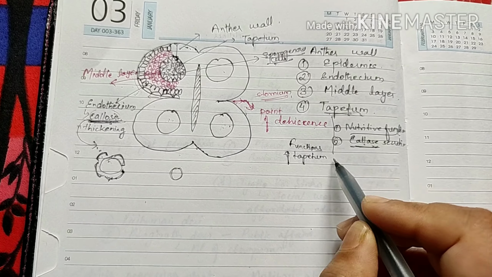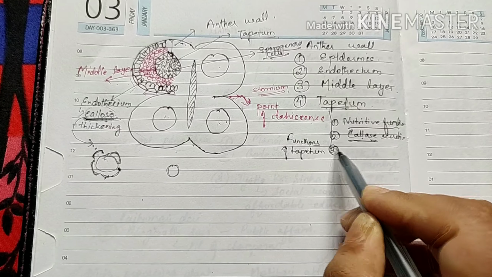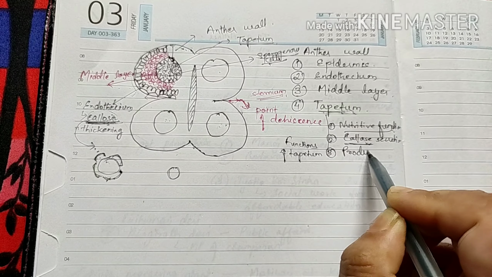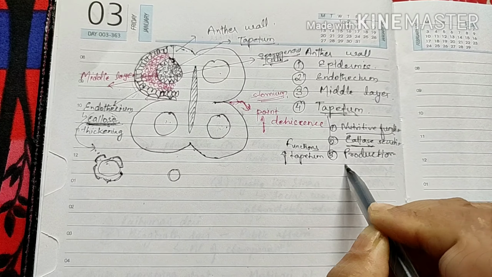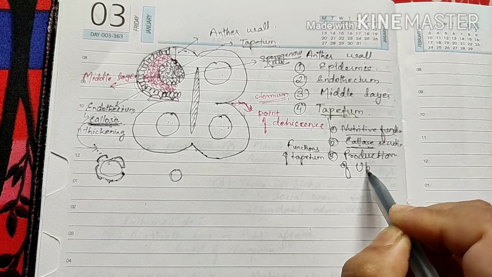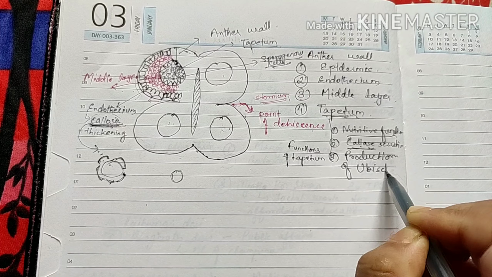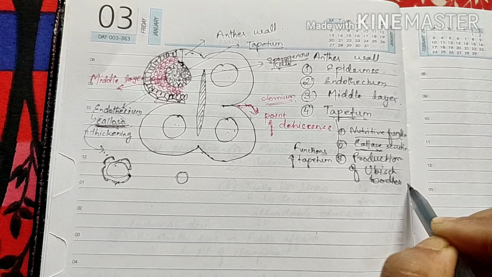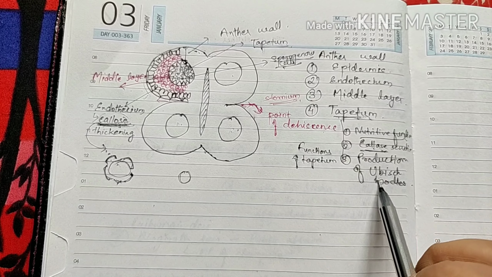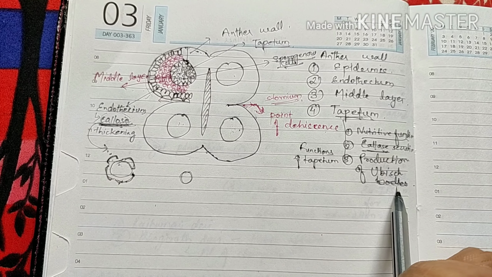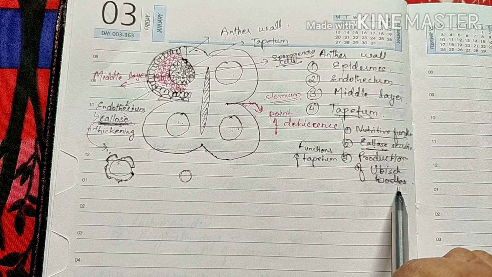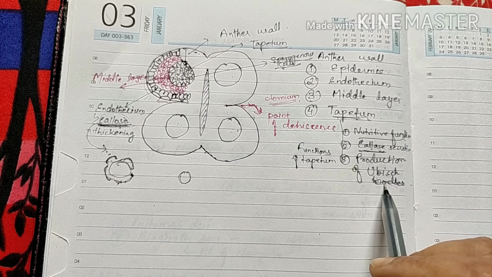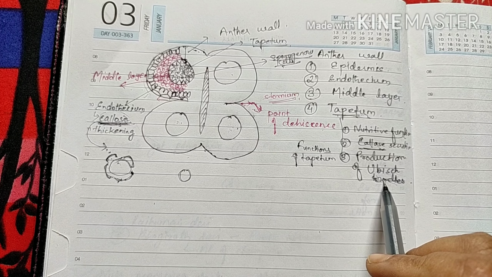Then the third function is the production of Ubisch bodies. Now these Ubisch bodies are coated with a sporopollenin component, and this sporopollenin component is the most resistant substance.